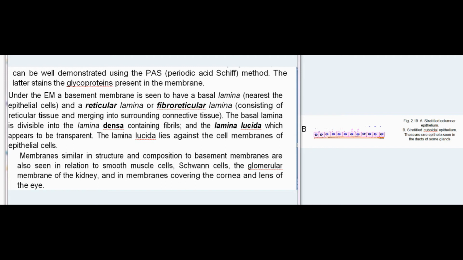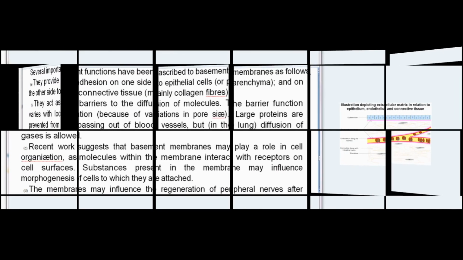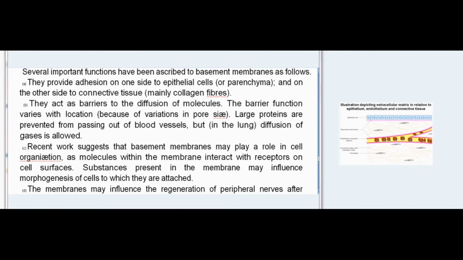Membranes similar in structure and composition to basement membranes are also seen in relation to smooth muscle cells, Schwann cells, the glomerular membrane of the kidney, and in membranes covering the cornea and lens of the eye. Several important functions have been ascribed to basement membranes as follows.